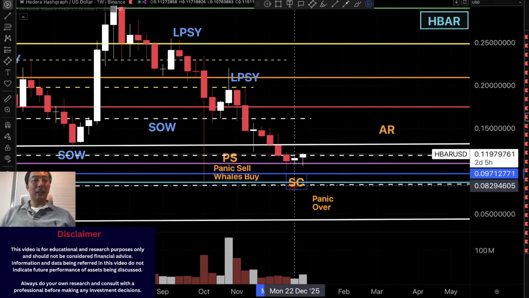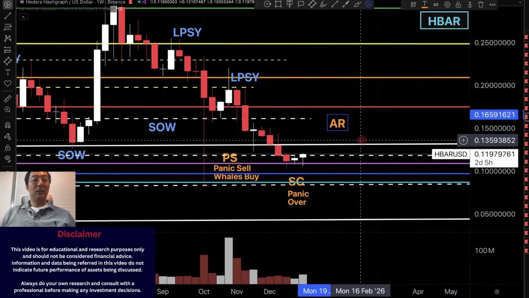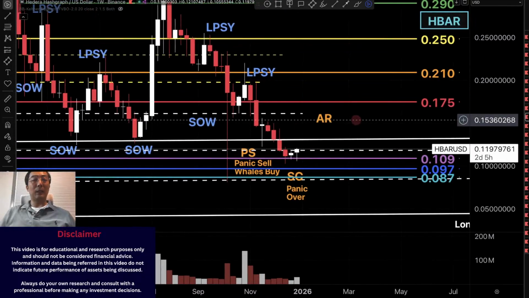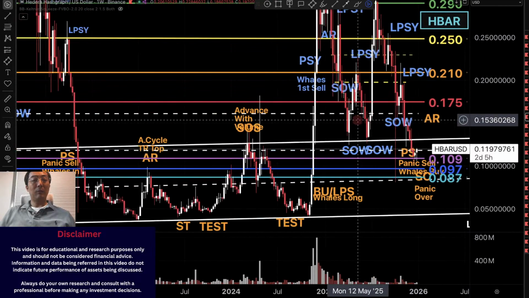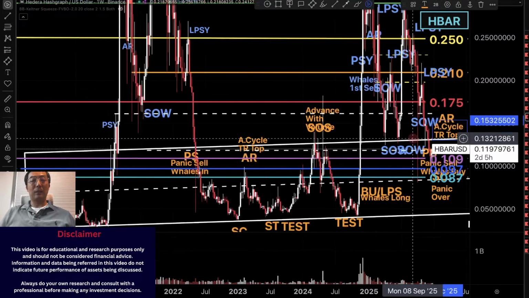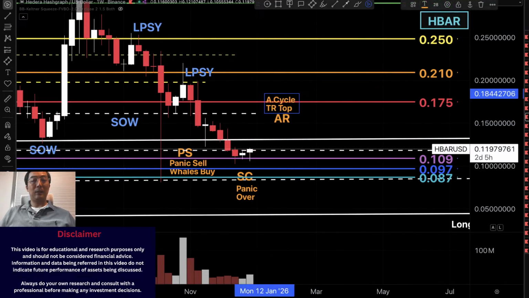Hedera seemingly getting through the panic stage and coming towards the automatic rally. So automatic rally is somewhere the trading range top of the accumulation cycle is being set. Right, that's where it's seemingly heading.